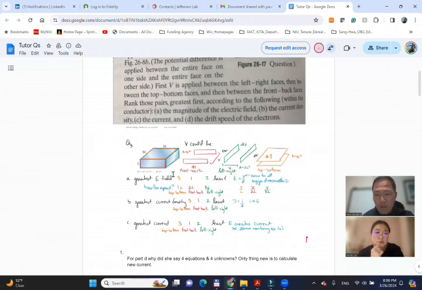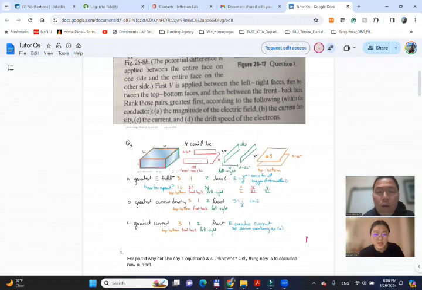So my way of solving the problem is just using inference from part A. We know the electric field is equal to V over D, and the V is the same for every scenario. The only thing that's changing is the D. For the first one, D is equal to 2L, D is equal to 3L in the second one, and then D is equal to L on the third one.